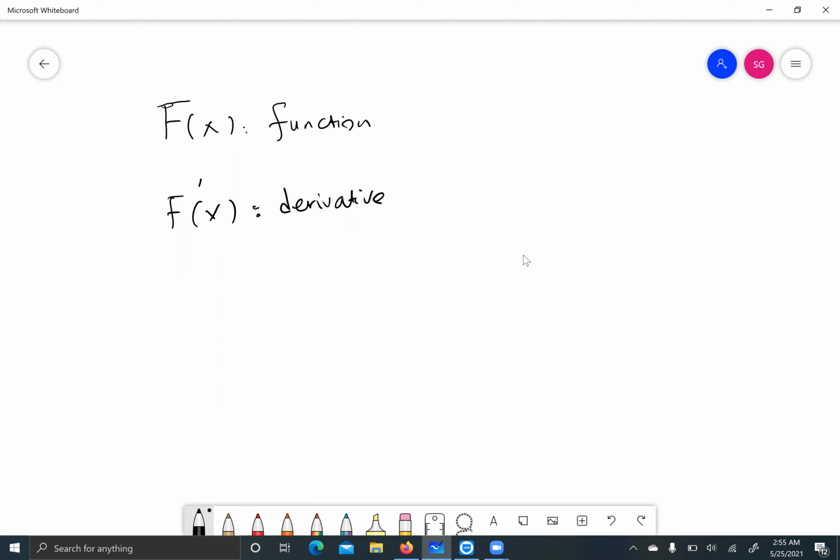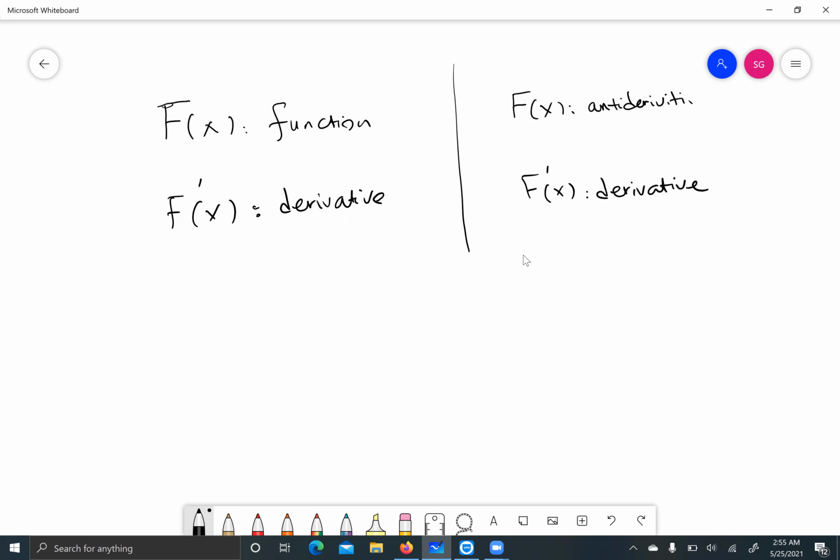Now, here we are doing a kind of reverse. You are given the derivative, but you are looking for the original function, and in this sense, we call it the antiderivative.